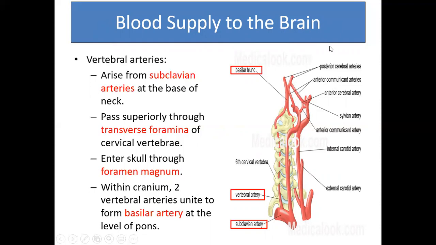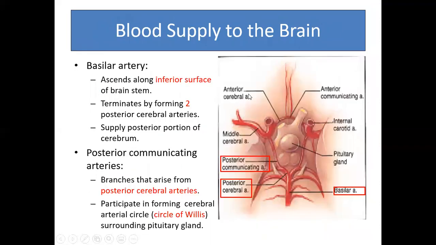Try to imagine here we have the skull, and within the cranium, the 2 vertebral arteries will unite together to form the basilar artery, at the level of the pons.